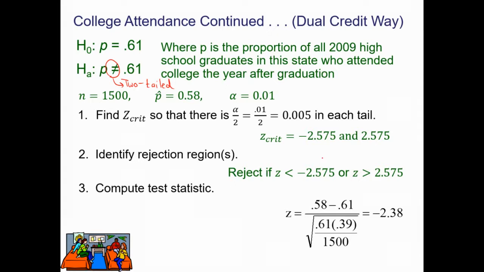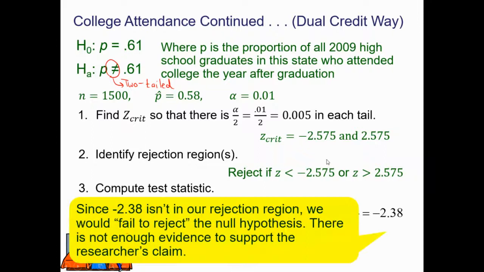So we have to fail to reject. That's right. So the negative 2.38 is not in the region. So we would fail to reject the null hypothesis. This means there's not enough evidence to support the researcher's claim.